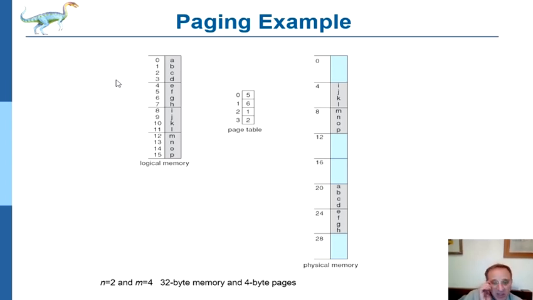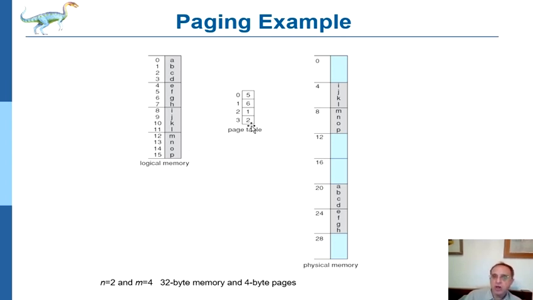So when I want to get, let's say, location 12, that's 0, 1, 2, 3, so that's page number 3. I'm going to go to the page table, to row 3, since that's page 3, and I'm going to see a 2 there.